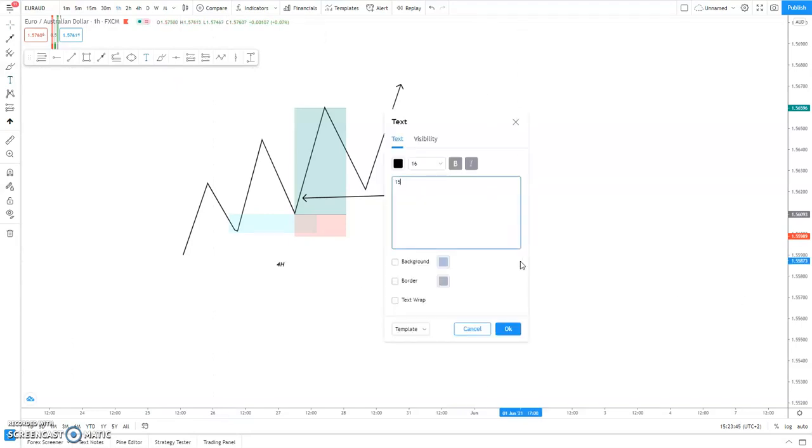You will use your 4 hour demand zone and look for the 15, 5 or 1 minute demand zone. Rather stick to the 15 or 5 minute when you refine your demand and supply zone, because on the 1 minute there are a lot of fake outs and noise. There'll be too many moves and it will confuse you, and you don't want to decrease your win rate.